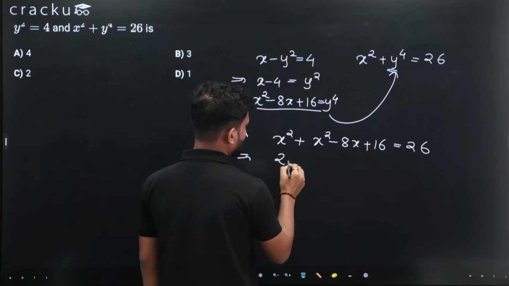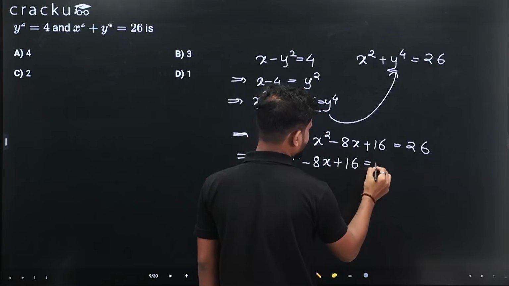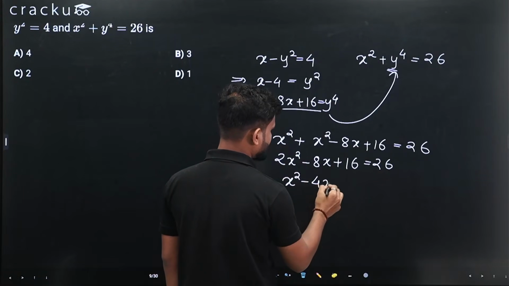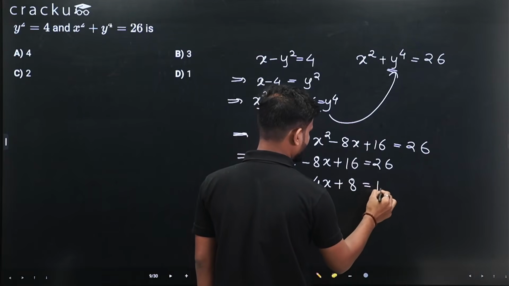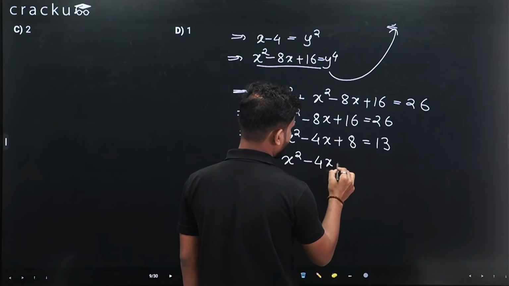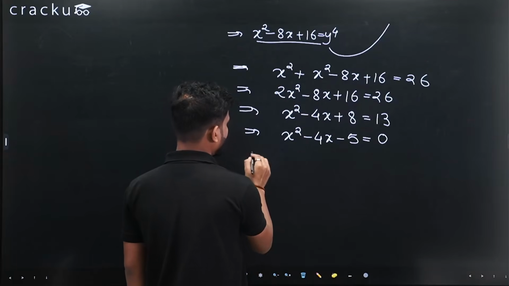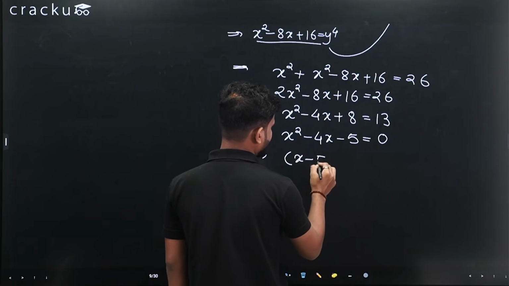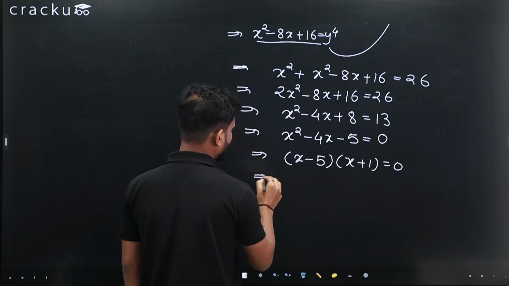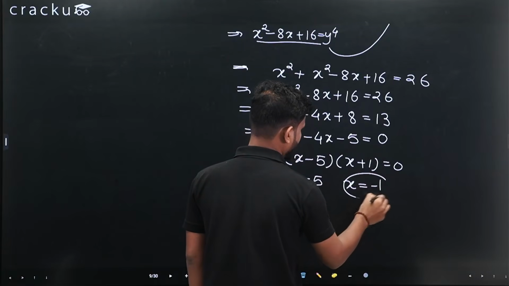From here you get 2x square minus 8x plus 16 is equal to 26, or x square minus 4x plus 8 is equal to 13, or x square minus 4x minus 5 is equal to 0. You can factorize it in this way: x minus 5 times x plus 1 equal to 0. From here you get x is equal to 5, x is equal to minus 1.